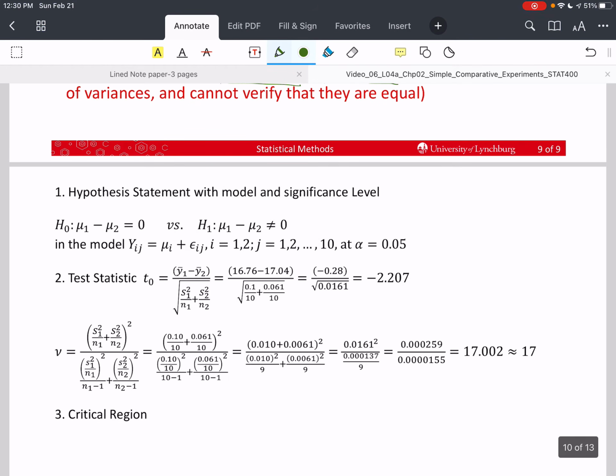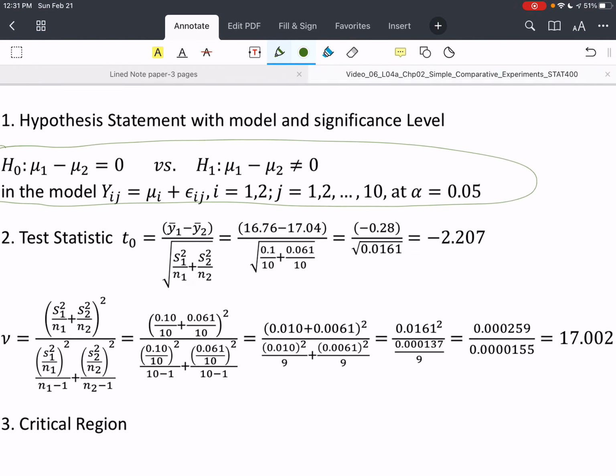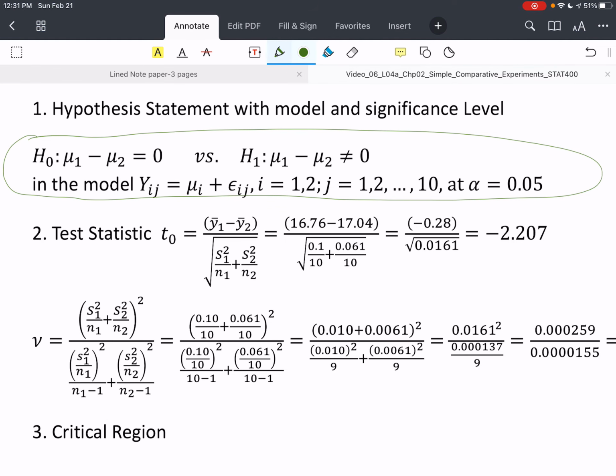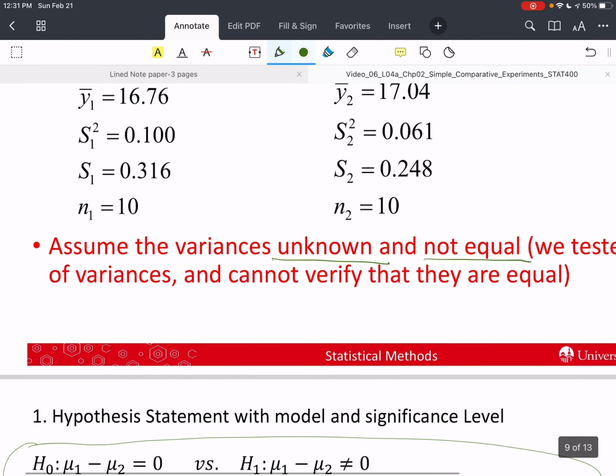The hypothesis statement here doesn't change, but the test statistic does. So the test statistic now, with the variances unknown and unequal, we can use when n is small. I believe we're leaving n alone, yes.